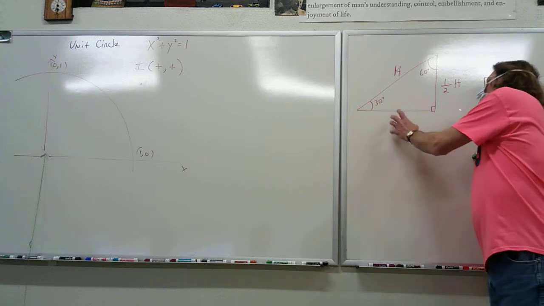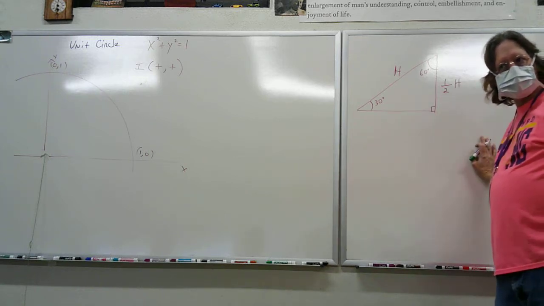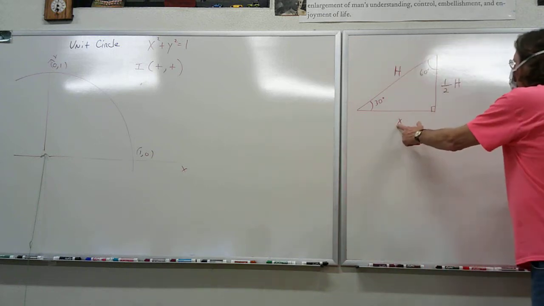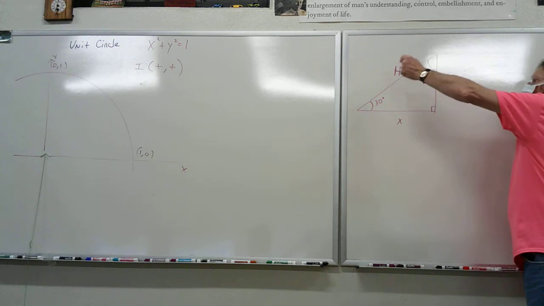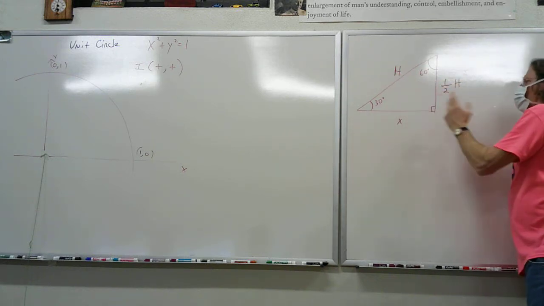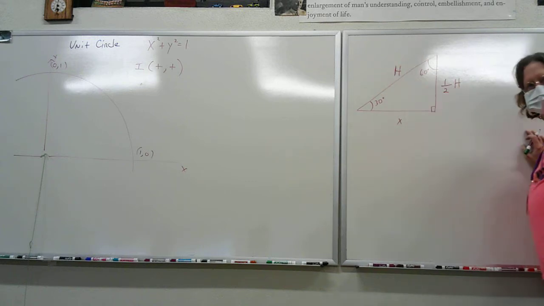Now, if you don't know how this side relates to hypotenuse, it's okay. I'll show you how to figure it out. This side squared plus this side squared has to equal the hypotenuse squared. The one you have to remember is the 30 degree, when the opposite of it is always half the hypotenuse. Then you can figure the other one out if you need to. All right?